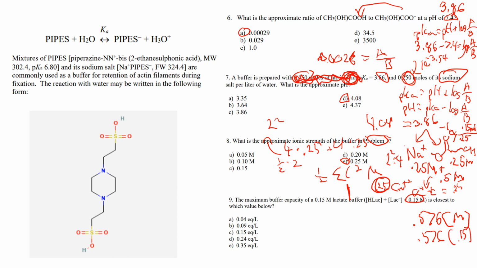And we get 0.0, sorry, there's a 0 in front of that, 864. That's closest to this. So again, really simple equation there. It should be on your equation sheet as well. So yeah, that's buffer capacity.